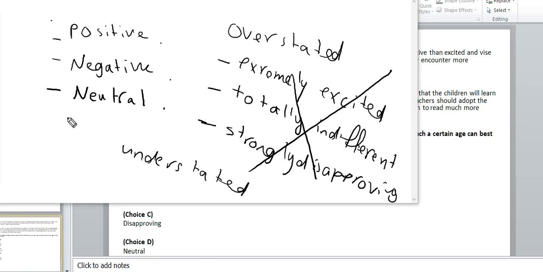Something like disapproving or opposing. We didn't say extremely opposing, we didn't say totally opposing. We just said opposing.